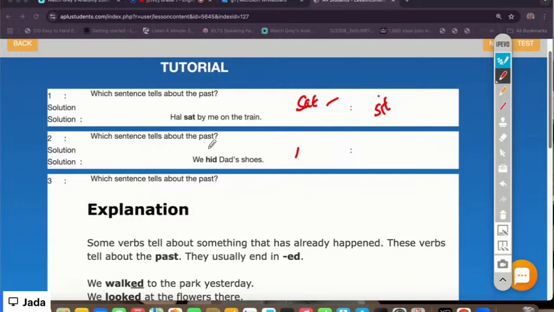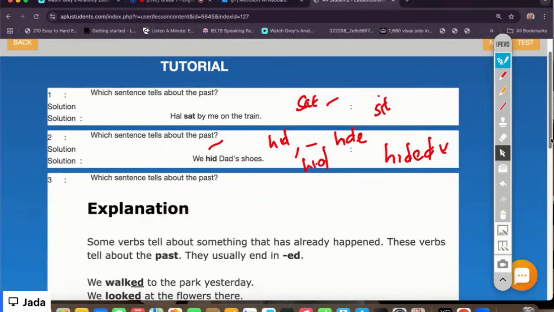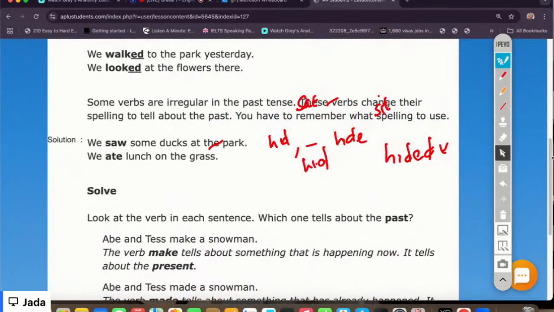So now we have we hid the shoes. Now hid is the irregular past of hide. So you cannot say hided. No, it is hid. That is why it's irregular. So we say hid. Which sentence tells about the past here? All right, let's move down and see that.